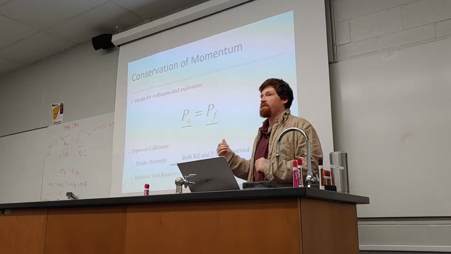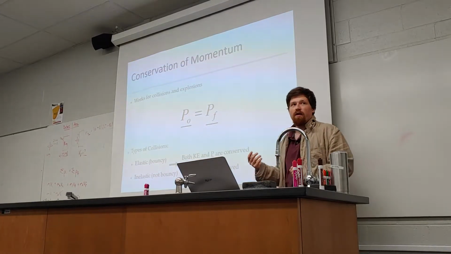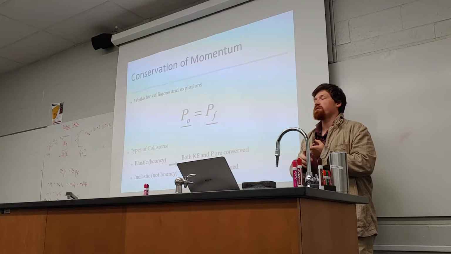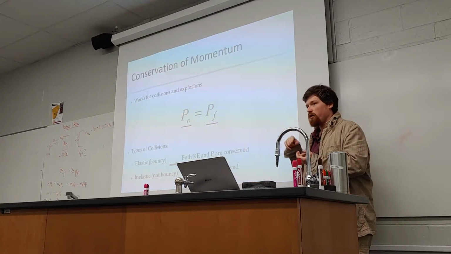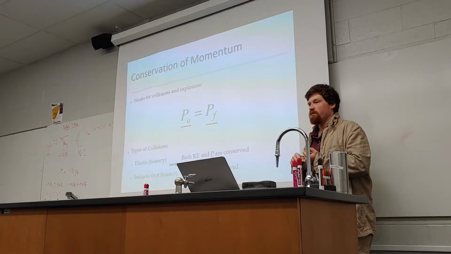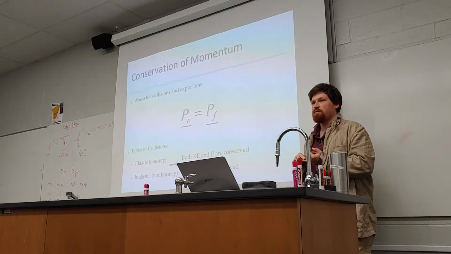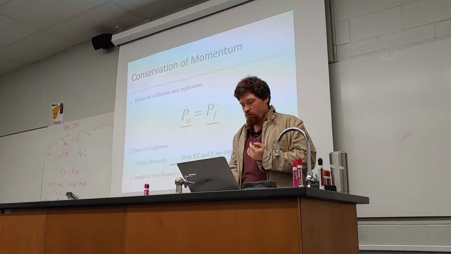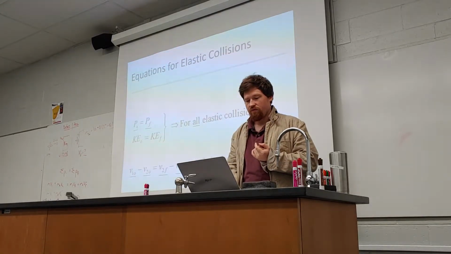There were elastic interactions going on. And in that type of a collision, the kinetic energy is conserved in addition to the momentum. Everyone all right with the difference so far? Okay. So those are the two types of collisions thus far.